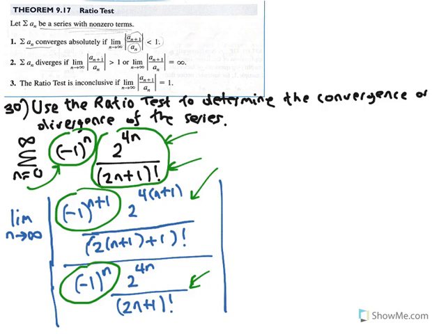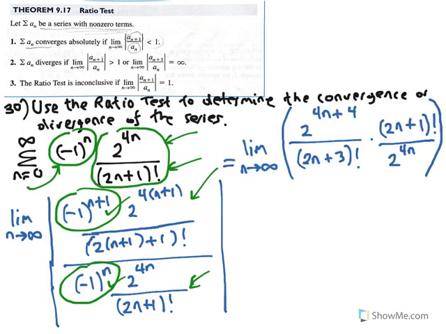But because you're taking absolute value, you won't have negative terms. So you can simplify your expression that you're taking the limit of by removing both the absolute value signs and the negative 1 to the n plus 1 and the negative 1 to the n. So you can see that I've done that here.